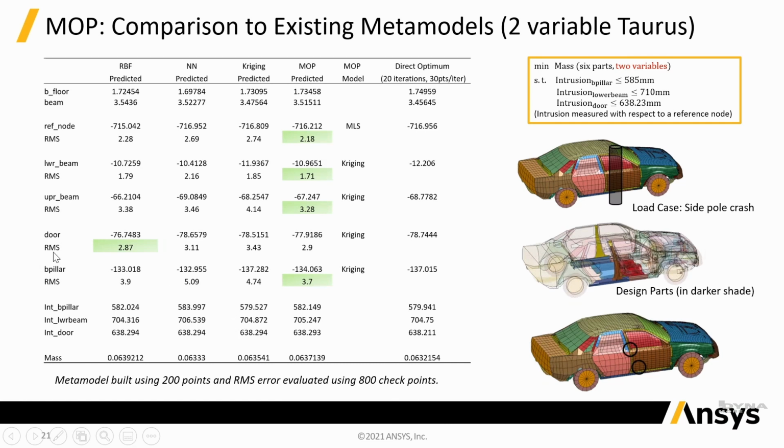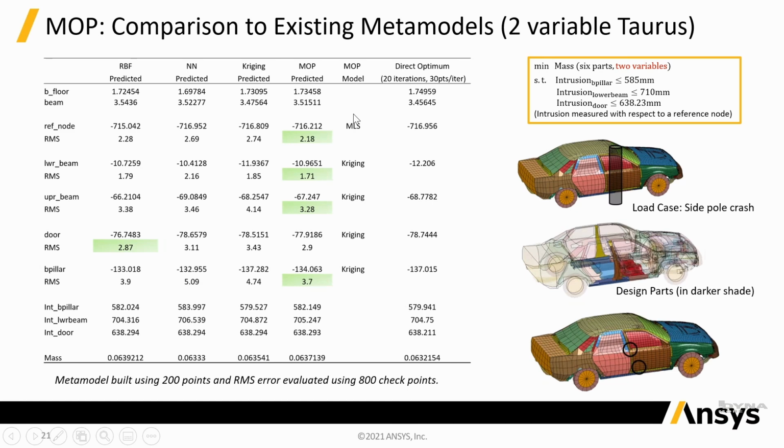What's tabulated here are the actual root mean squared errors of those checkpoints. You can see the MOP is marginally better than the current metamodels in LS-OPT, whereas the other column, MOP, is the new selection methodology. So you can see it does marginally better on some or most of those responses.